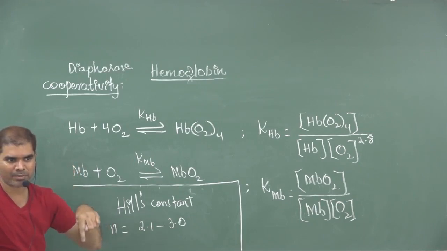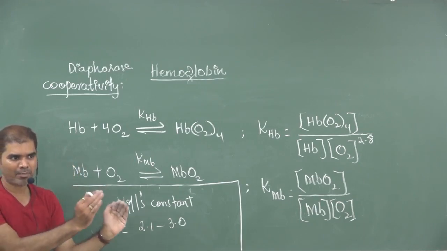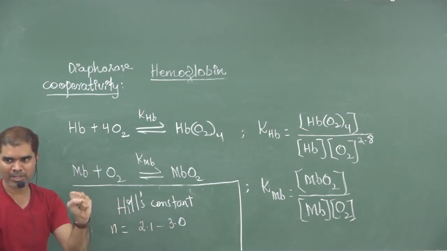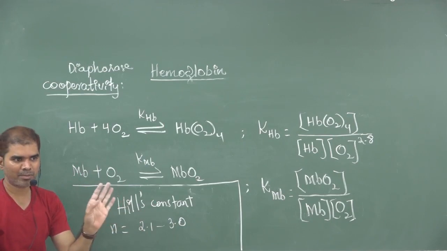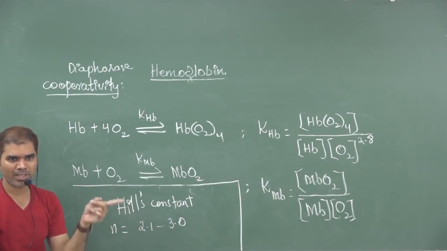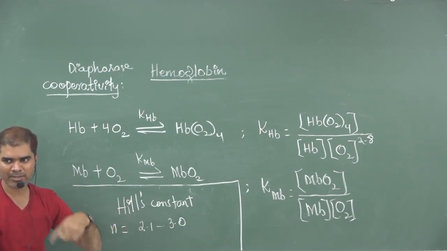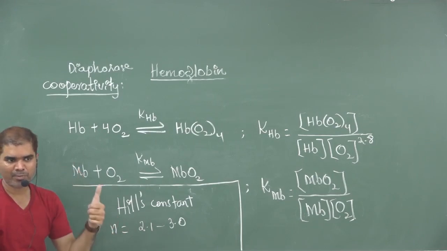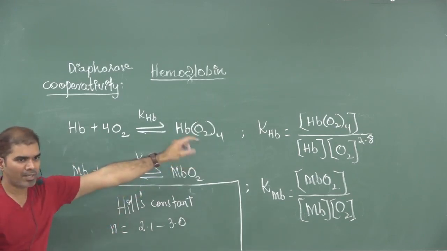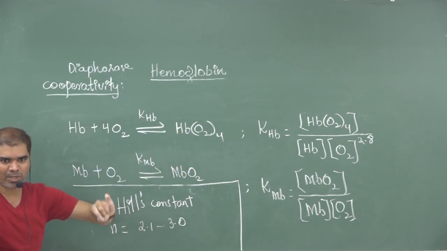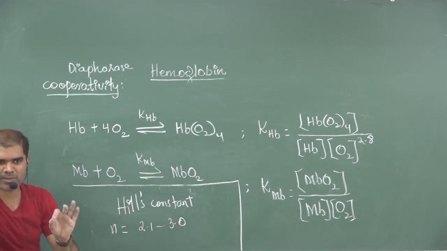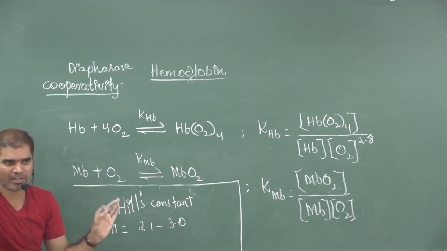So hemoglobin will transport, and myoglobin will store it and give the oxygen whenever it is needed for respiration. So myoglobin is called a storage protein, hemoglobin is a transport protein. For a transport protein, the binding is not 100%, whereas for a storage protein, it should be 100%. Only then will it behave as a better storage protein.